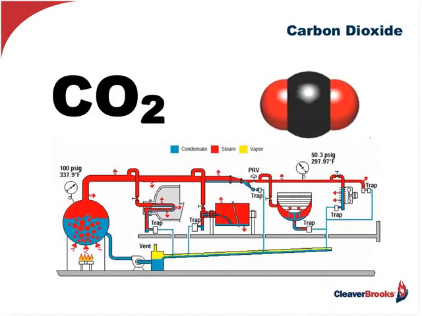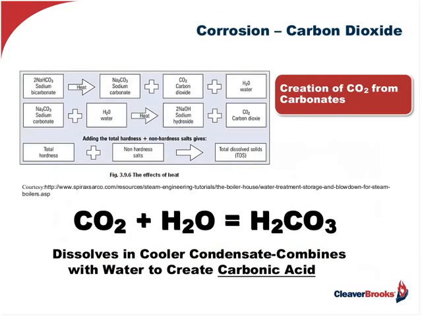And speaking of carbon dioxide, it comes into the boiler through the feed water supply as carbonates of alkalinity, or salts, and resides as part of the TDS level in the boiler. Now the problem is, when the water evaporates, becomes steam, goes out to do its work, and then condenses, the CO2 which is formed, combined with the cooler condensate water in the piping, forms carbonic acid, which will attack the condensate return lines.